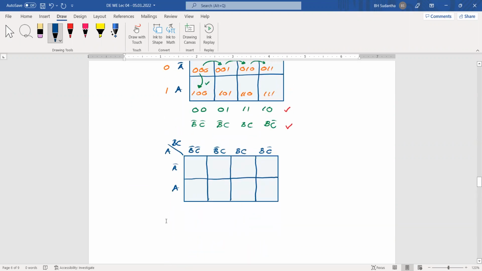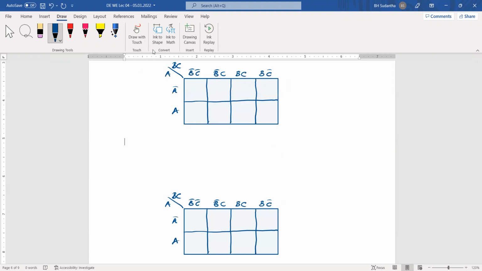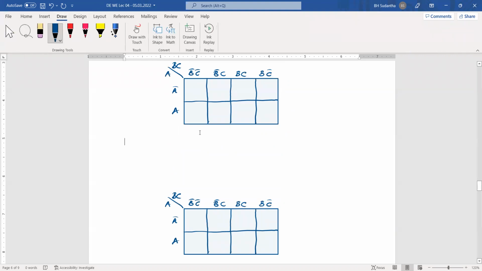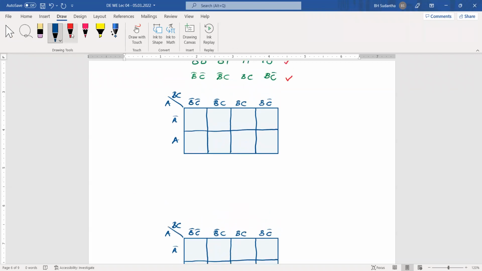Okay, then shall we try a problem here, an example? This is correct, and this is correct. And we will try this one. This is sample 2.